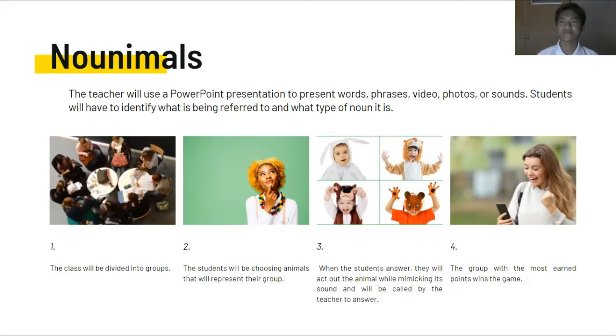The next step is when the students answer, they will act out the animal while mimicking its sound and will be called by the teacher to answer.